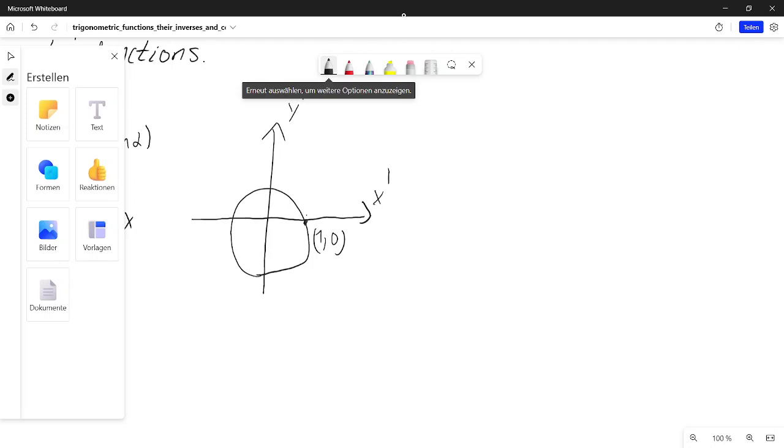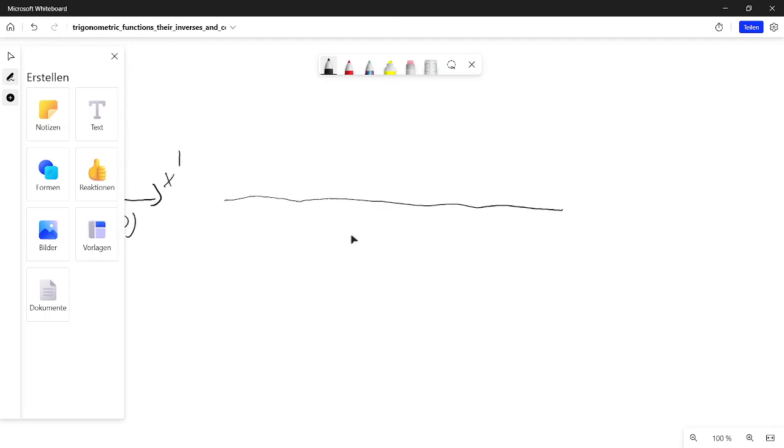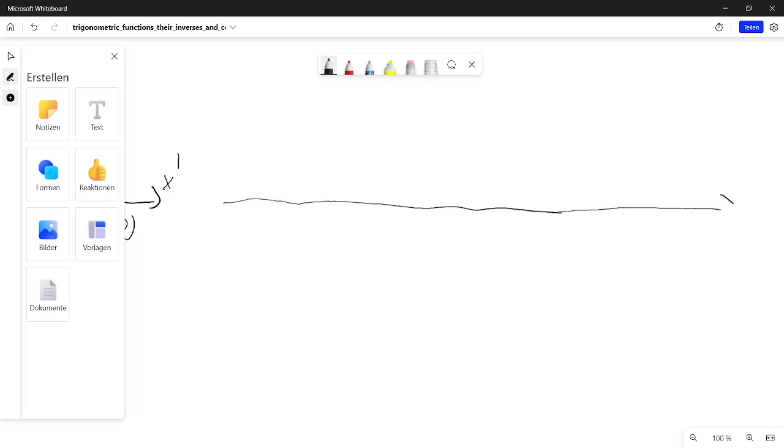Okay. Drawing straight lines. On a whiteboard, you have the advantage of the ability to draw really large, right? We use this advantage to the fullest.